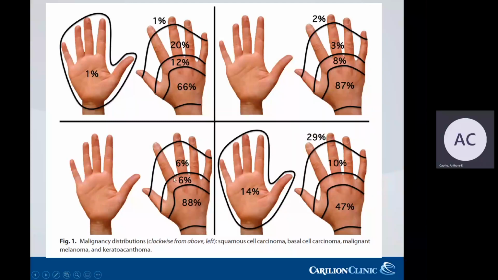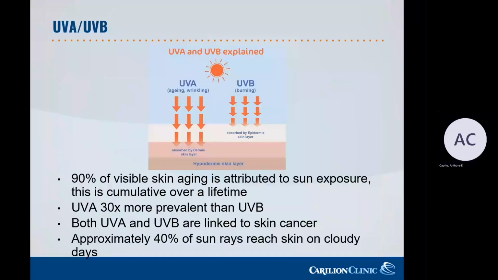The keratoacanthoma, which is a benign skin lesion that looks bad, will progress rapidly then self-involute, but does have a small percentage chance of turning to a squamous cell. The vast majority are on the dorsum of the hand. So just by knowing the location of the cancer, you can give a differential of what type of malignancy or keratoacanthoma it can possibly be.